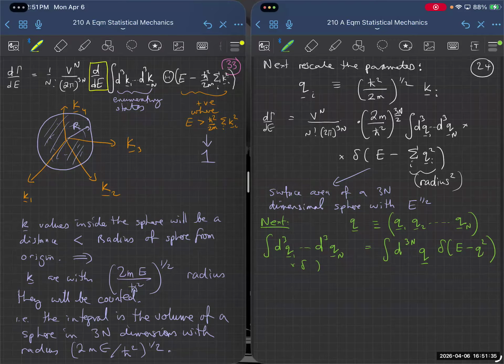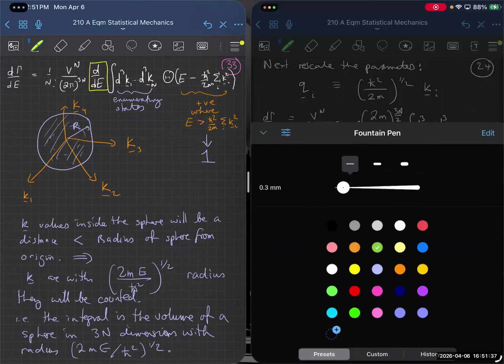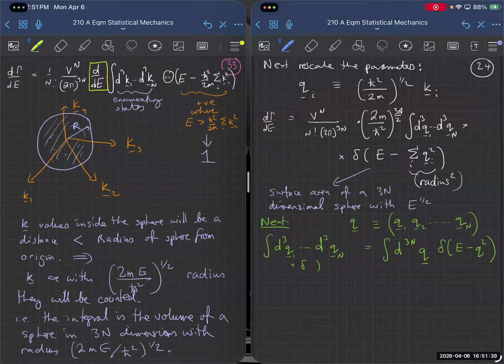Well, you can see that this function is just a function of the radius in my 3n dimensional Q space.